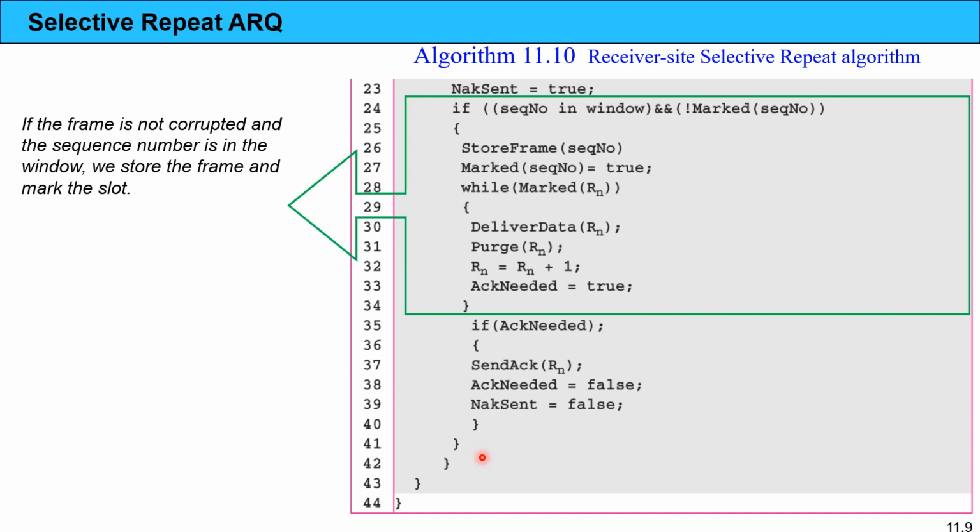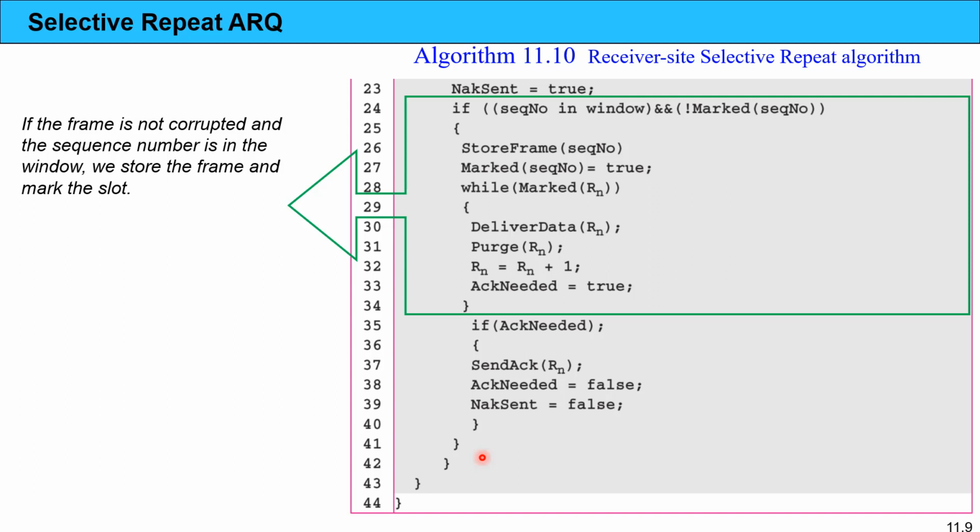If the frame is not corrupted and its sequence number is within my window, I will store this frame and mark the slot as received. If it's in order, I will deliver this frame to the network layer. If it's out of order, I will just store this frame.